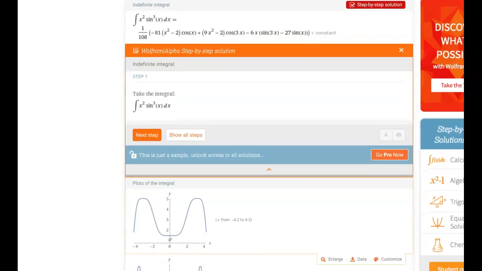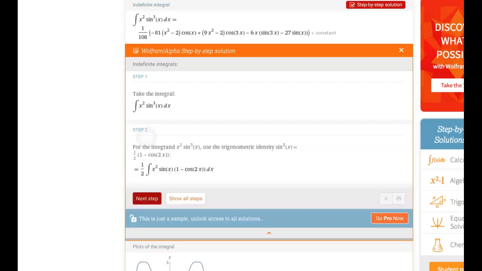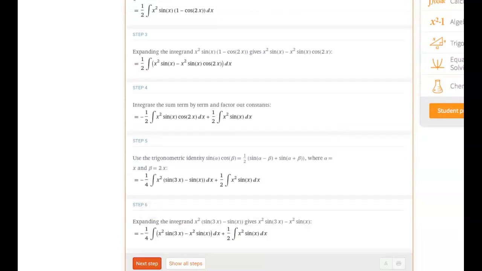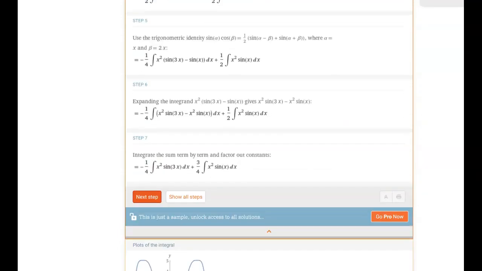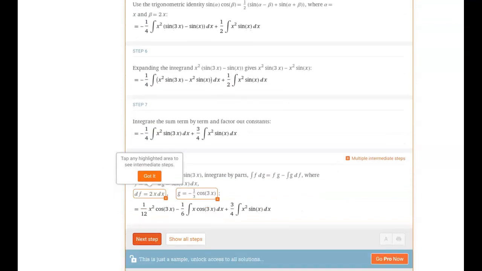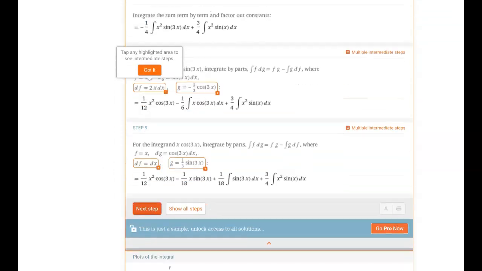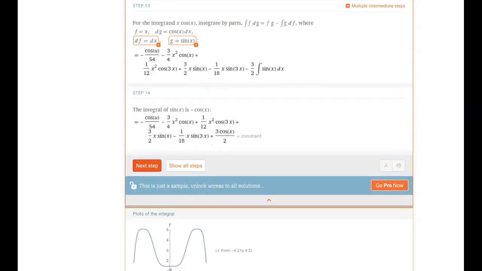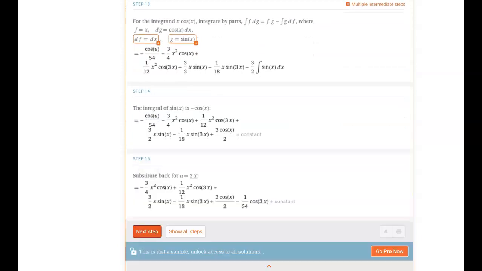Sometimes they give you a couple of steps. Oh, we might get them all in this one, right? We get lots of steps. Sometimes you get only so many steps, and then they say, now you got to pay to get all the steps.